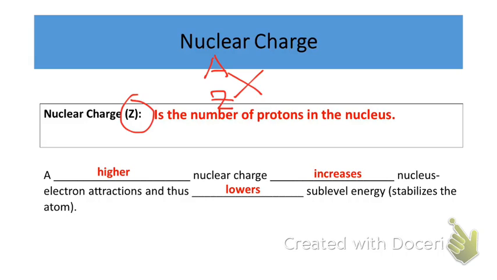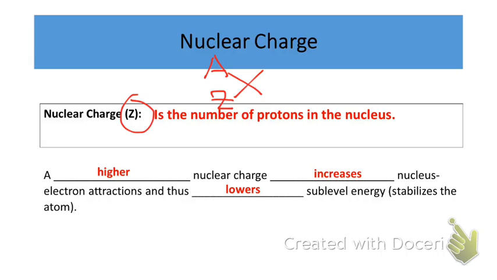So by definition, the atomic number is the number of protons in the nucleus, but so is the nuclear charge. However, the nuclear charge has more meaning to us, because the nuclear charge relates the attractive force between the nucleus and the electrons in electron shells, specifically the valence electrons.